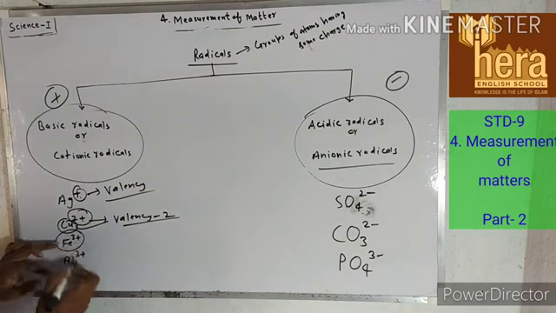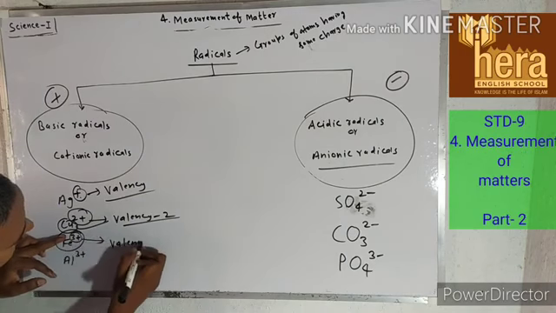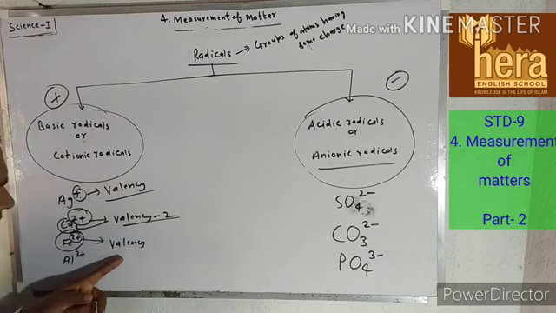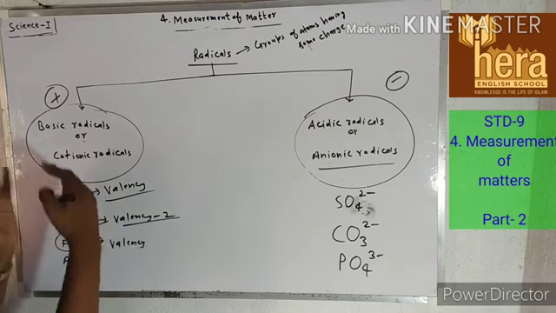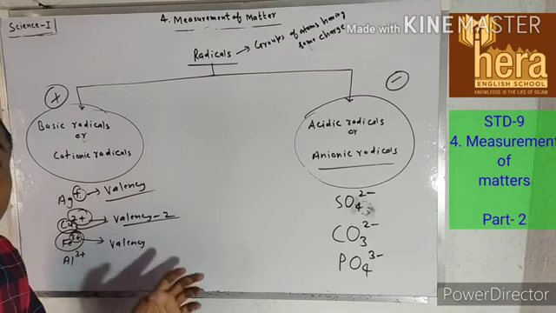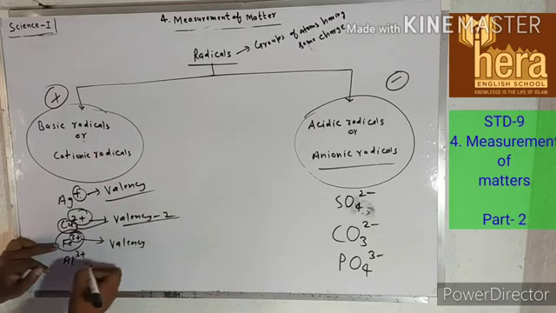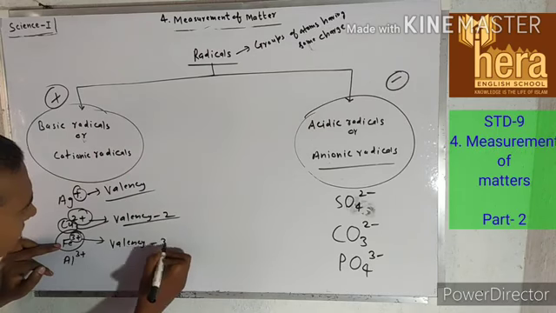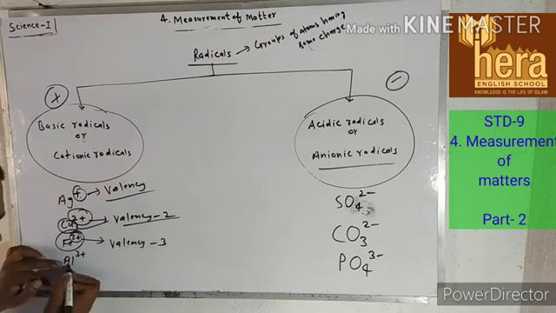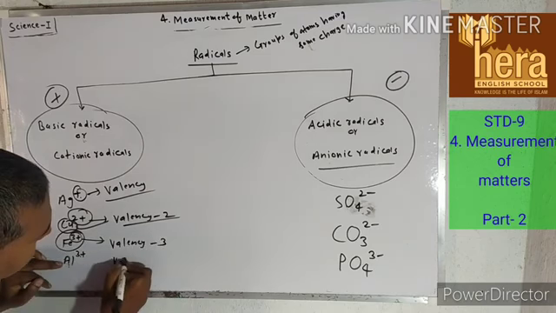Fe3 plus, 3 plus represents valency. This is very, very important. On the basis of given radicals, you can find valency of the elements or atoms or radicals. Valency of iron is 3. Similarly, Al3 plus, it means valency of aluminium will be 3.